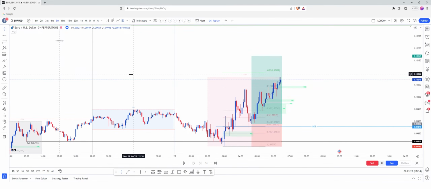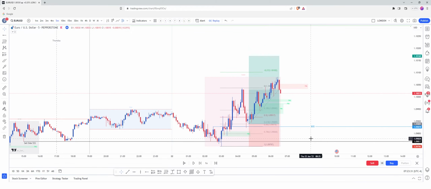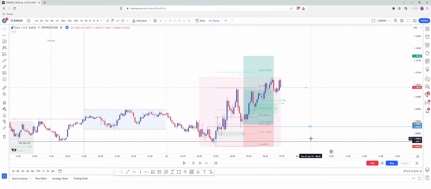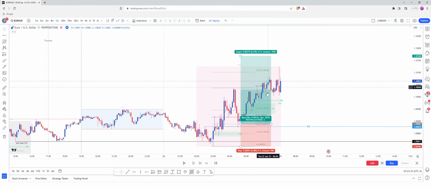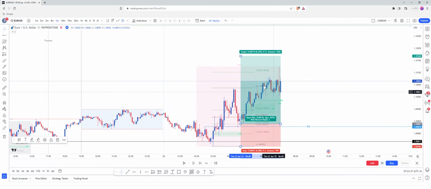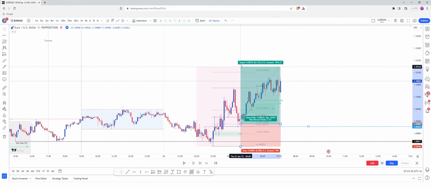We've taken the previous New York PM session liquidity. So you see that green line has just disappeared. That means liquidity has been swept. Price is going higher. Not quite hit our 3R yet, so we are currently at around 2.6, 2.5R in profit.